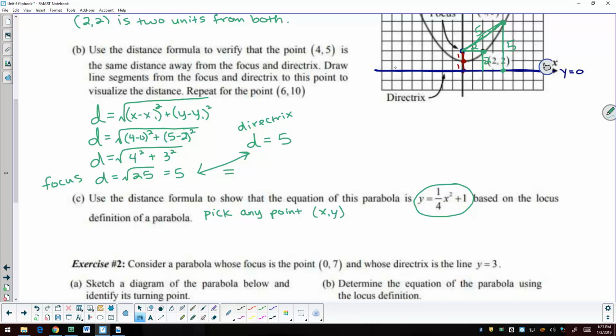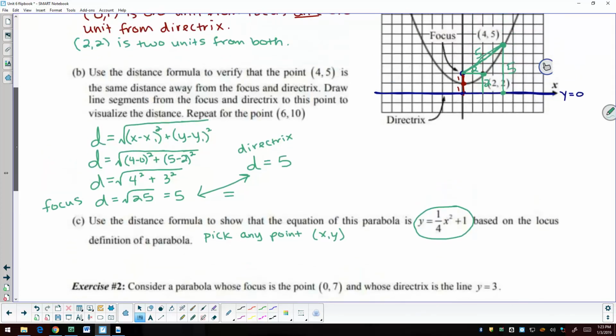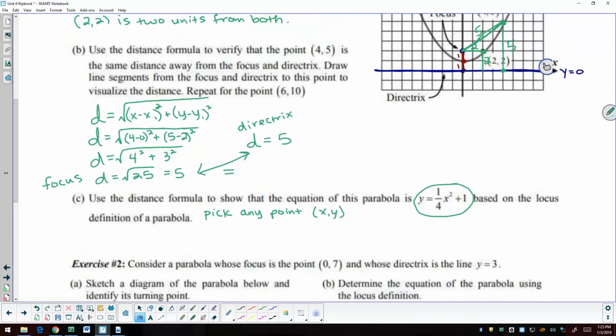We know that the directrix is the line y equals 0. Well, you're going to be y units away from the line y equals 0. For example, just to have that make a little more sense, look at the point 2, 2. 2, 2 is 2 from the y equals 0 line because the y coordinate is 2.